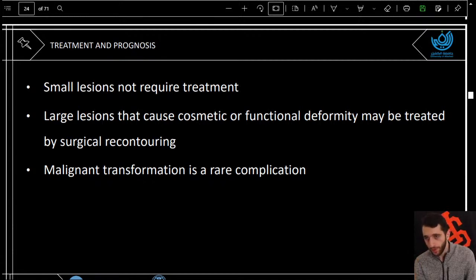Here we can see that when it is a large or giant size lesion, treatment is required, what we call contouring treatment, or when only pain and deformity of the bone is being presented, we use a surgical recontouring.